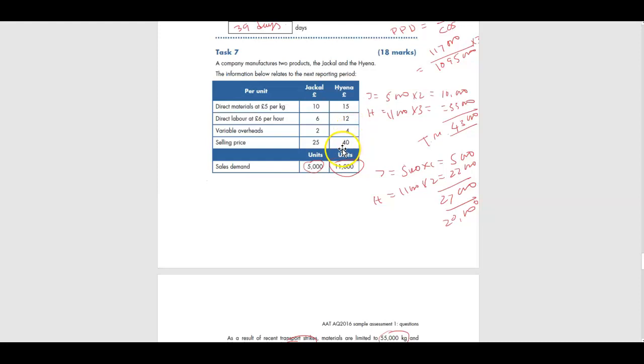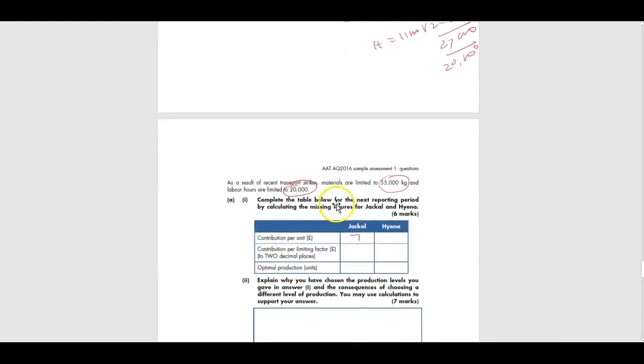So 9 contribution. The next thing we have to see is the contribution per limiting factor. This is very, very important. How to get it? For the Jackal we need 1 hour, for the Hyena we need 2 hours. So the contribution per limiting factor: 7 divided by 1 gives me 7, and 9 divided by 2 gives me 4.5.